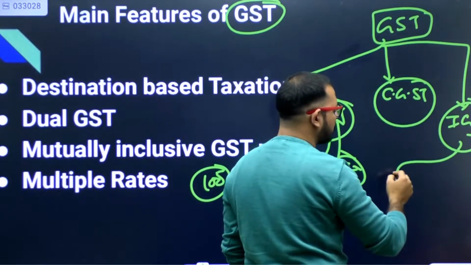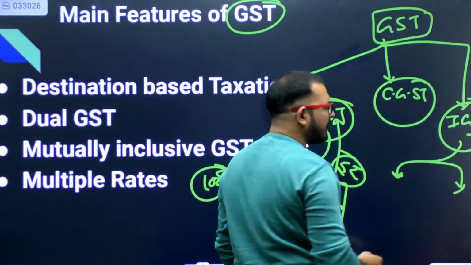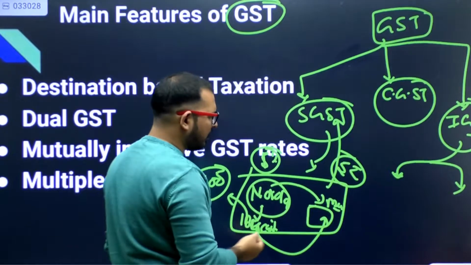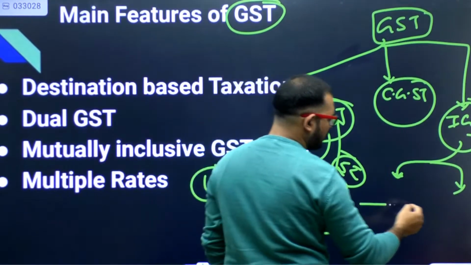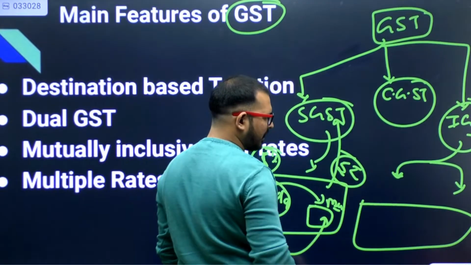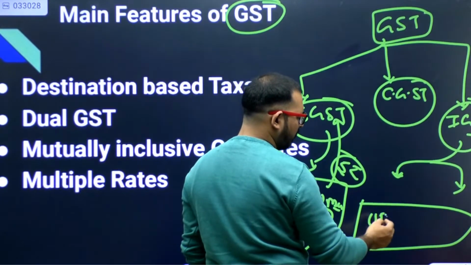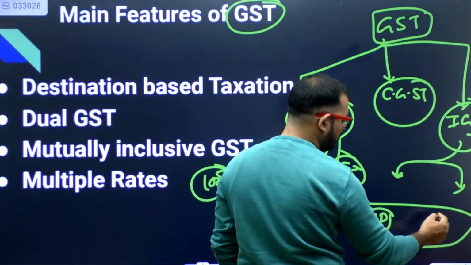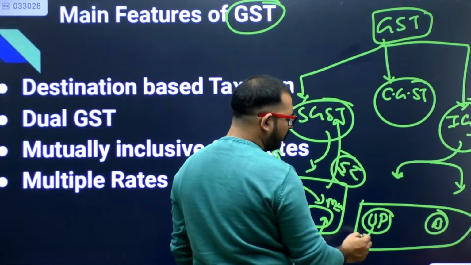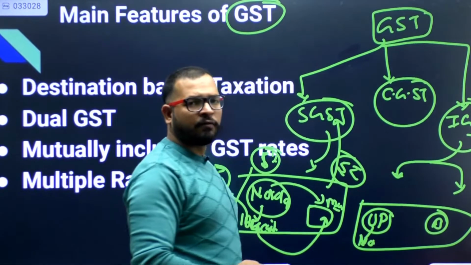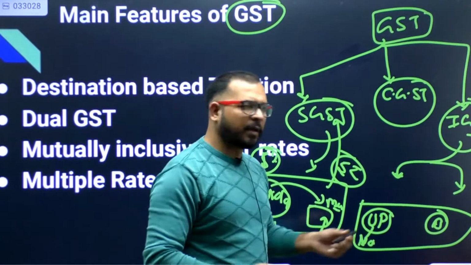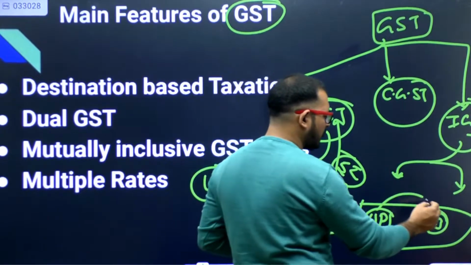Let's talk about the interstate GST. Let me make you understand by an example. Let's say here is UP, here is Bihar. Again in Noida, one biscuit packet is being manufactured and this biscuit packet is being consumed here in Bihar.